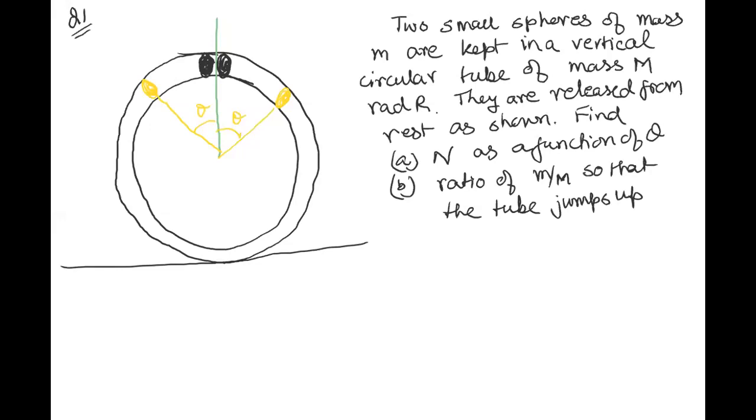Mathematically it means that the normal reaction between the tube and the floor at some point becomes zero. If that happens, then that means that the tube has jumped up. So please try this.